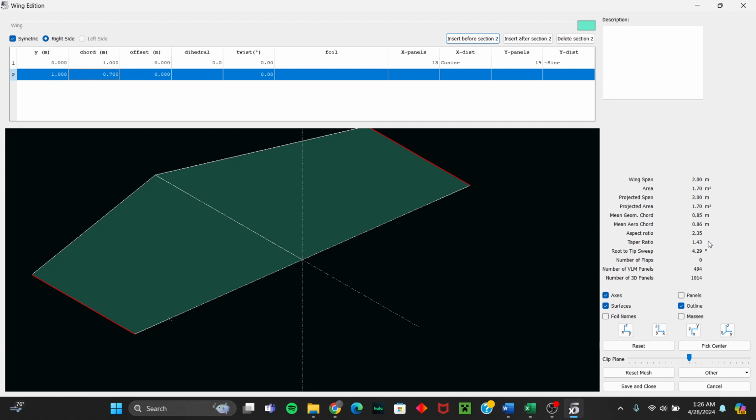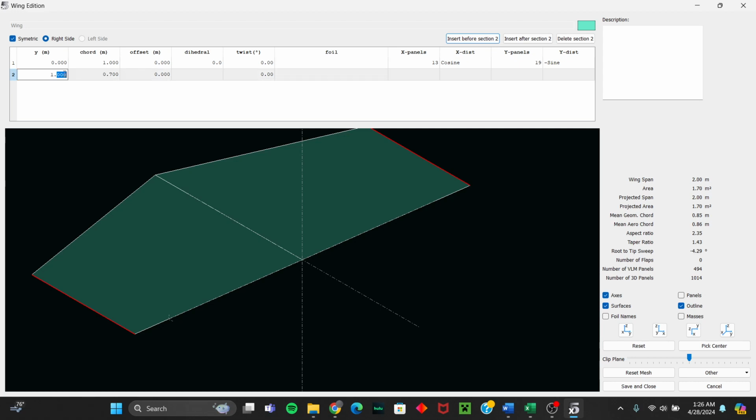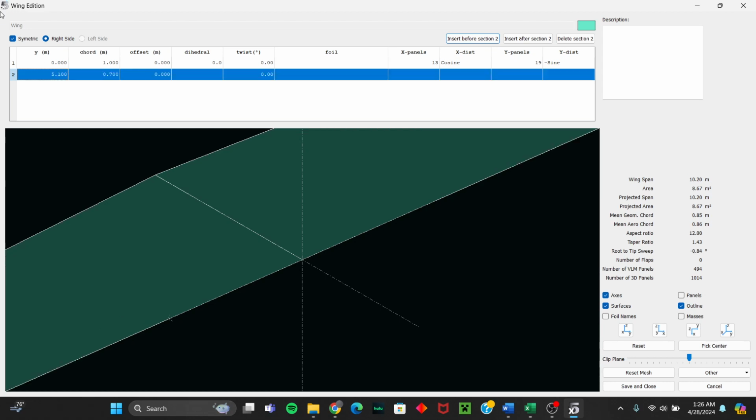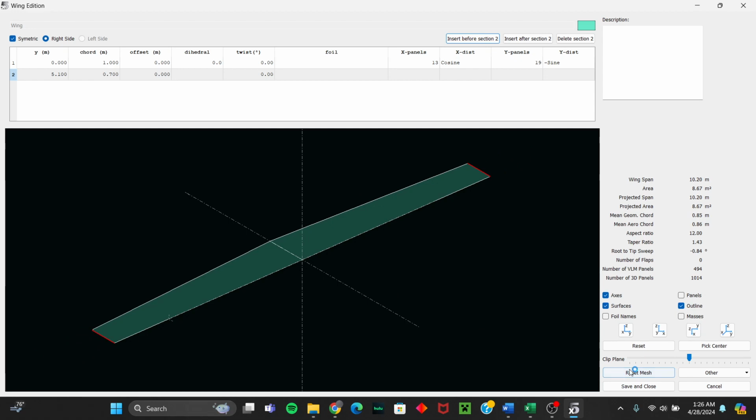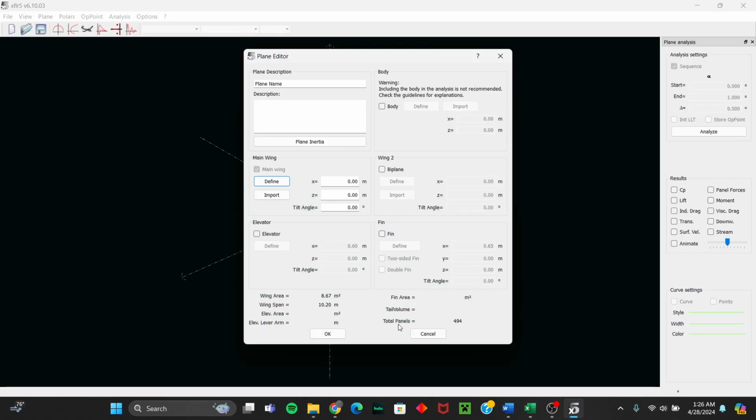Obviously it should be 0.7 for the taper ratio, but it's fine, we'll just take care of it for now. To increase the aspect ratio, we're going to increase the span of the wing to around 5.1. That should give us 12. And then we save and close it.